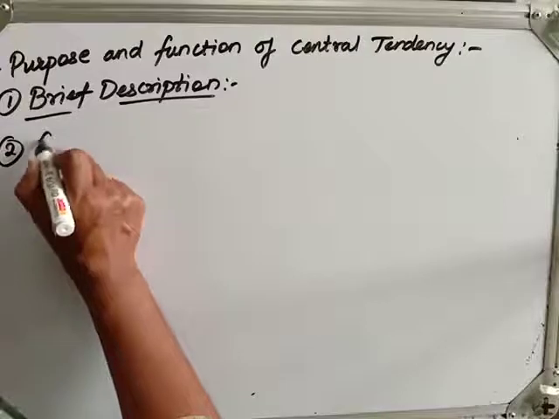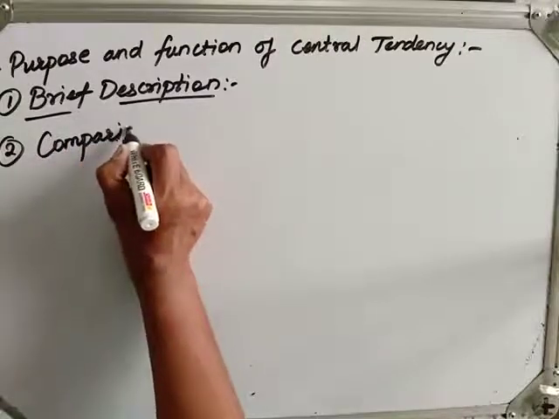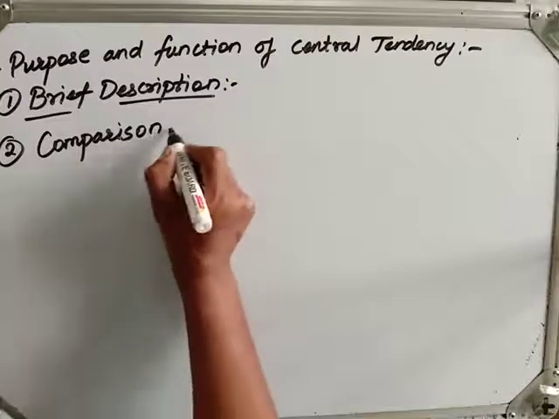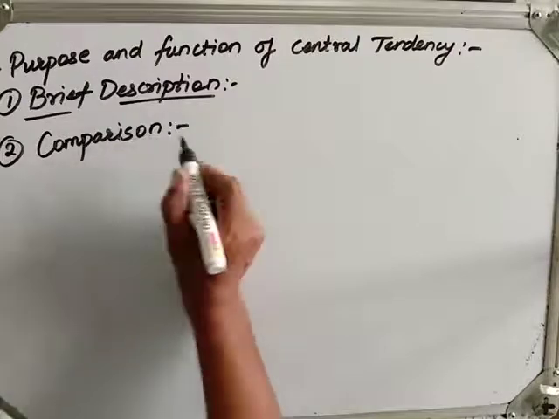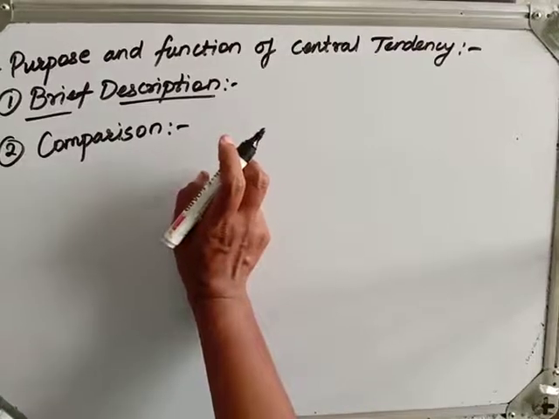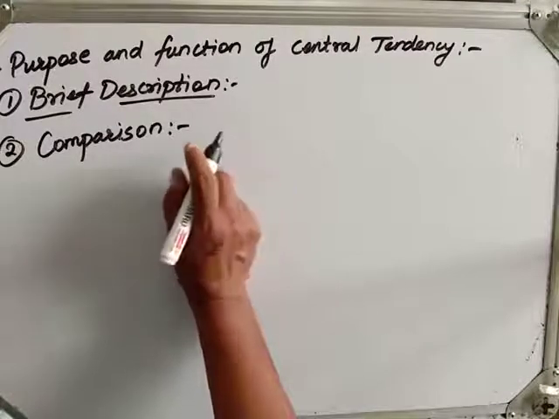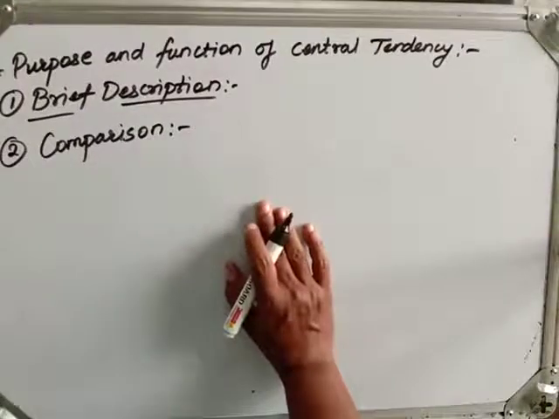Similarly, second thing is it helps us for comparison. Now how does it help for comparison? If we can compute average of central tendency, then we can compare two series. For example, suppose we have to compare the national income of India and national income of USA.